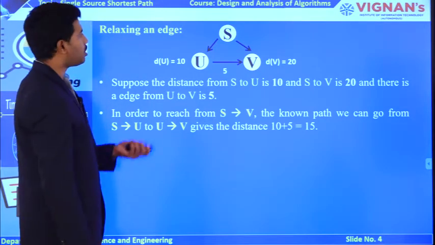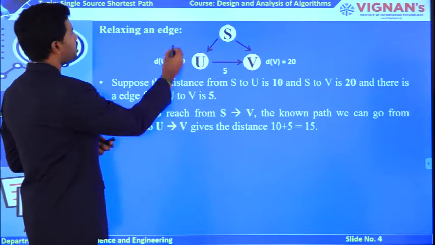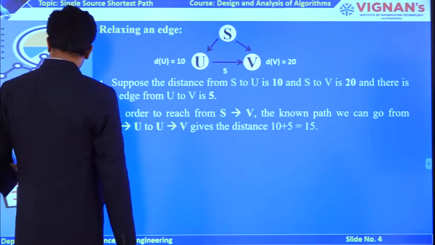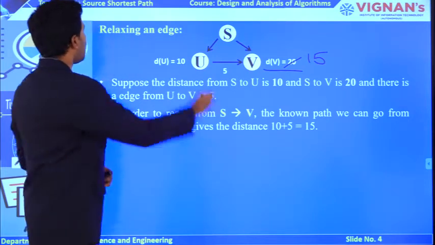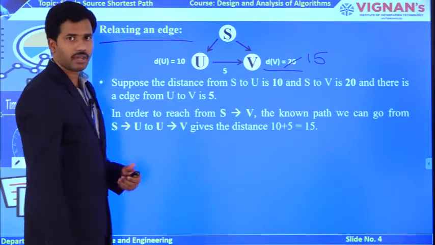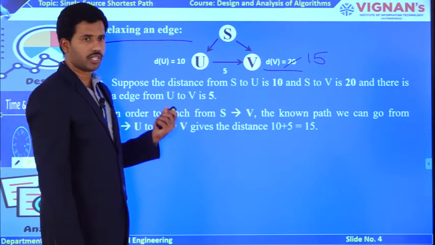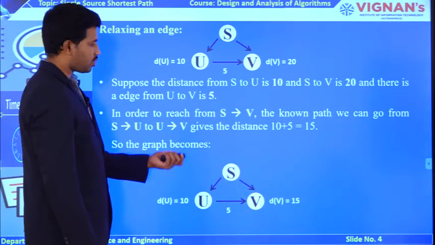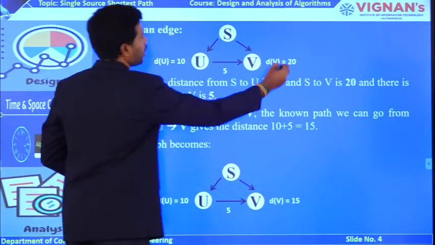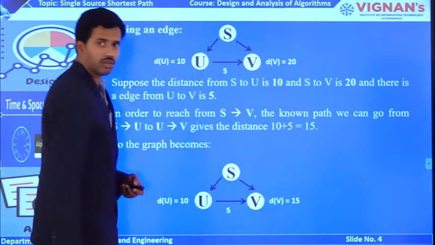Okay. So based on this principle, I am going to change the cost. Initially it has a cost of 20. With the help of this edge relaxing, I am going to update it from 20 to 15. Now my edge relaxing graph becomes like this. So from 20, I am updating to 15.